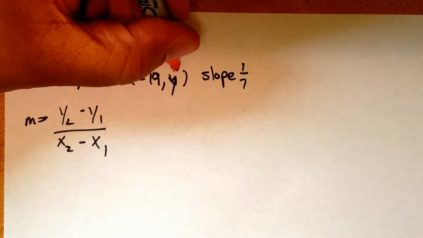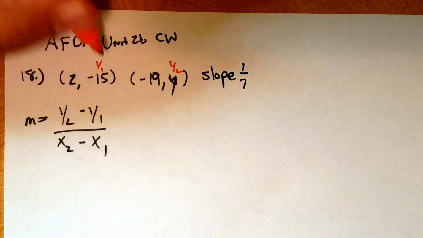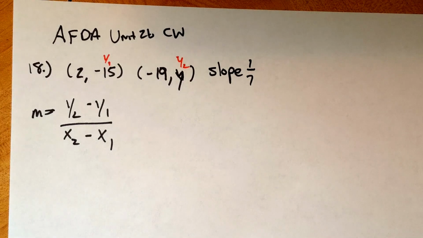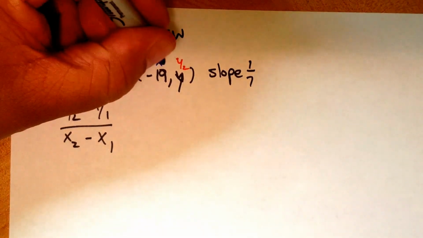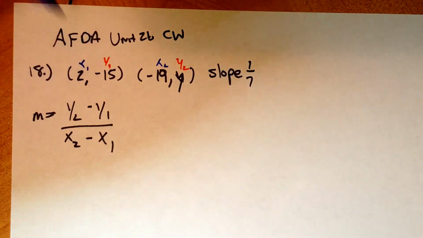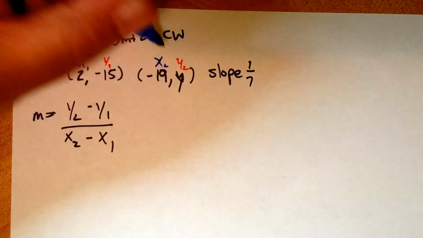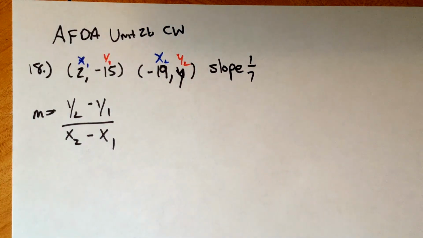This will be my y2, this will be my y1, and this will be my x2, this will be my x1, and this will be my slope.